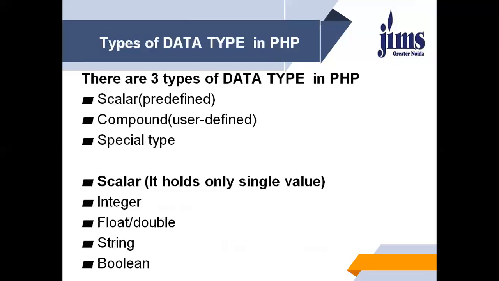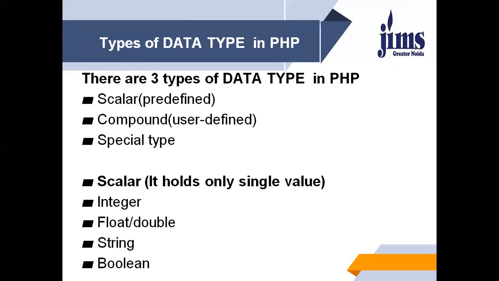Integer variables hold whole numbers, either positive or negative. There is a maximum limit to the size of integers, so it can be automatically converted to float, as this data type can hold a much larger range of values. And float variables hold fractional numbers as well as high integer numbers.